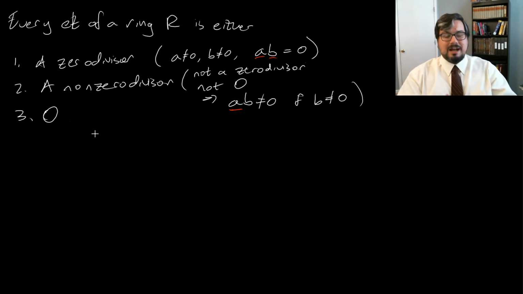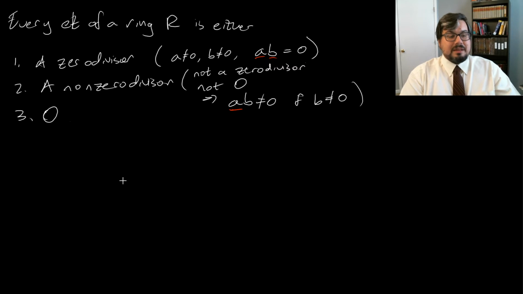And then, of course, we've got the element 0, which doesn't fall into either of these categories. We will often talk about zero divisors and non-zero divisors when discussing the elements of a ring, because they are very important for things like talking about the cancellation property.